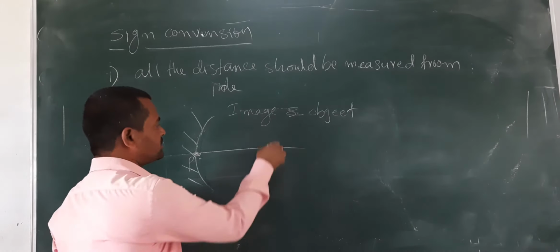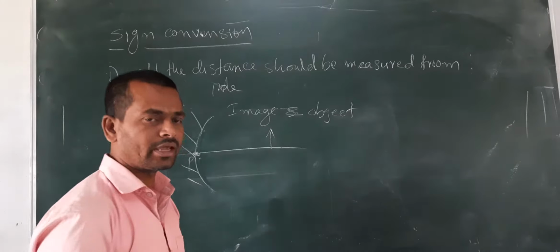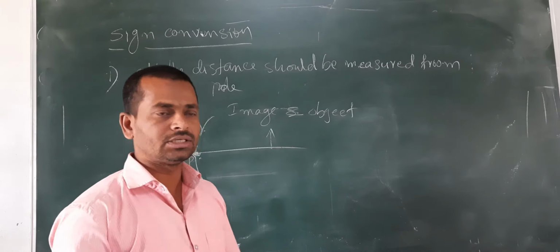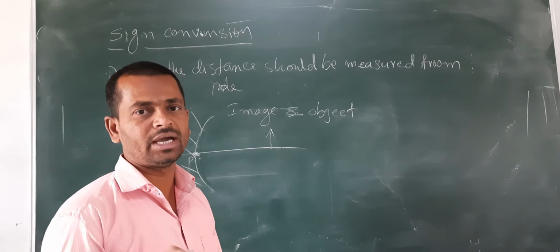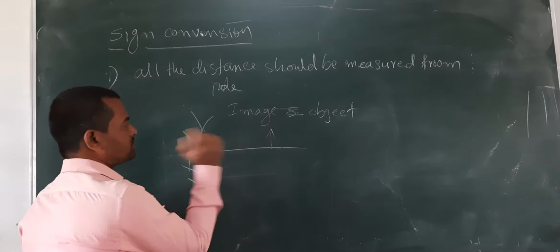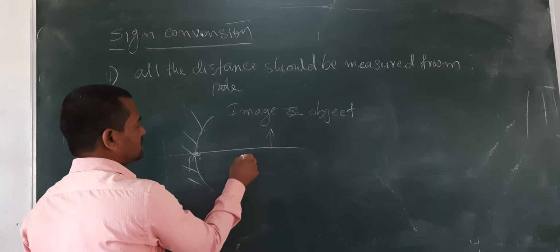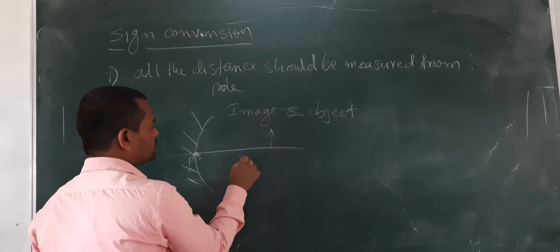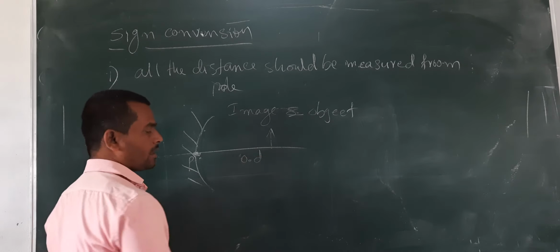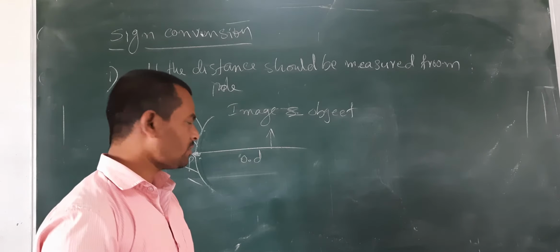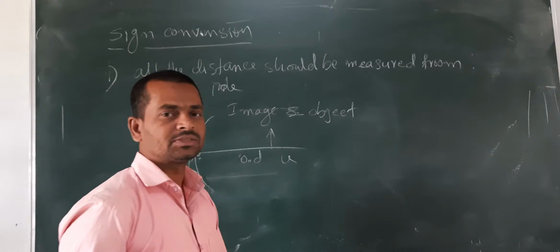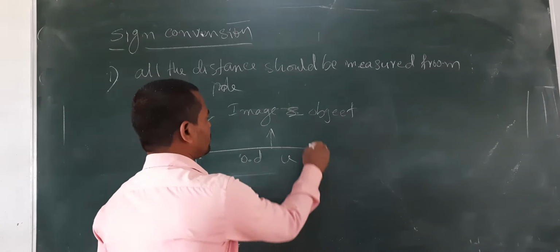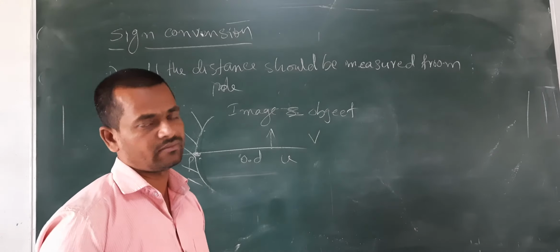Suppose the object is here. In physics, the object is denoted by an arrow mark. From here to here, the distance is the object distance. Object distance is always denoted with a small u. Image distance is denoted with a small v.